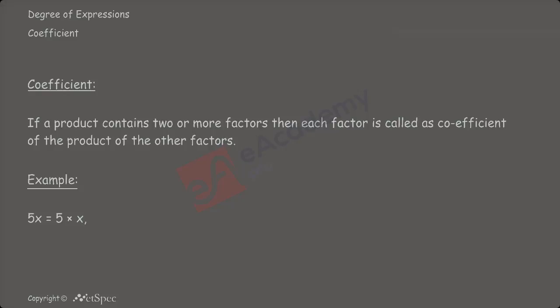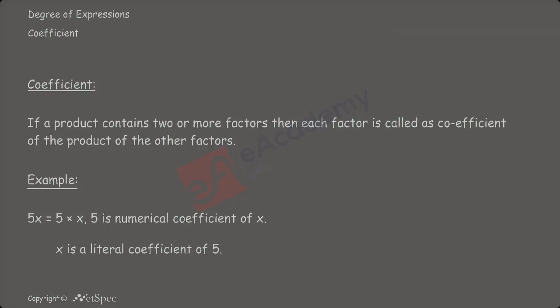To add further details, here 5 is the numerical value and x is the literal. To be more precise, I can say 5 is the numerical coefficient of x, and x is considered the literal coefficient of 5.